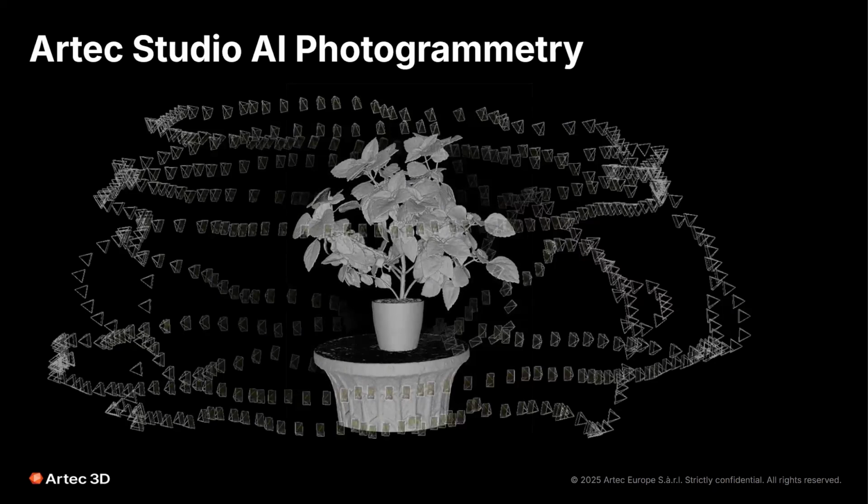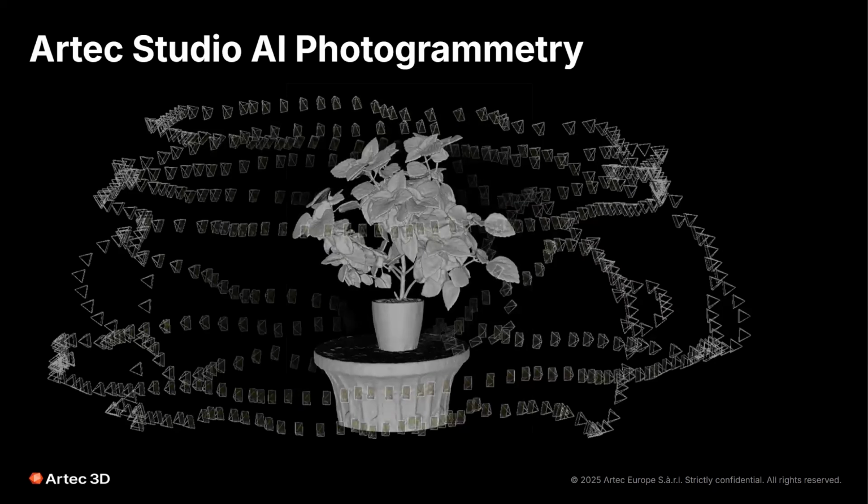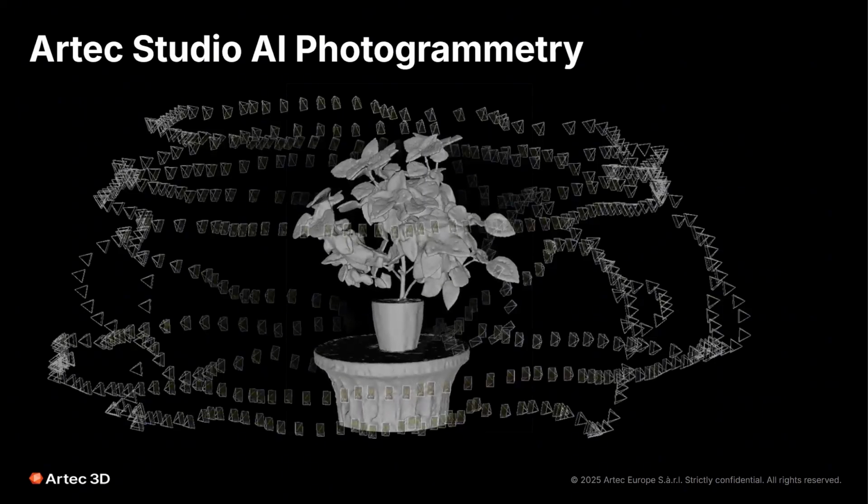Also a quick disclaimer about our AI photogrammetry. Let's talk about what AI in the context of Artec Studio photogrammetry stands for. Actually, we don't generate 3D models from a single photo or from text prompts.